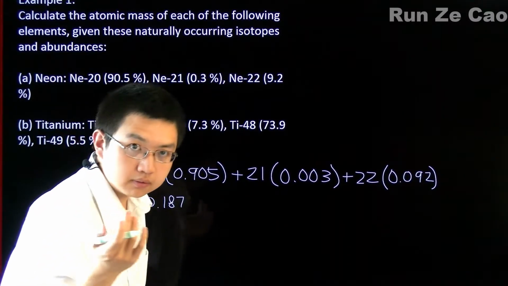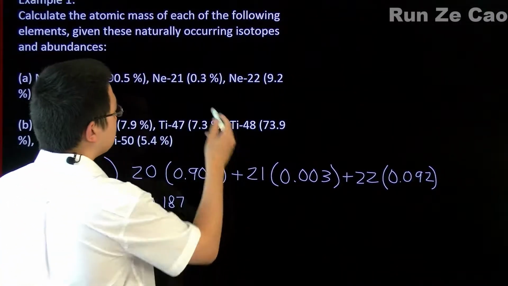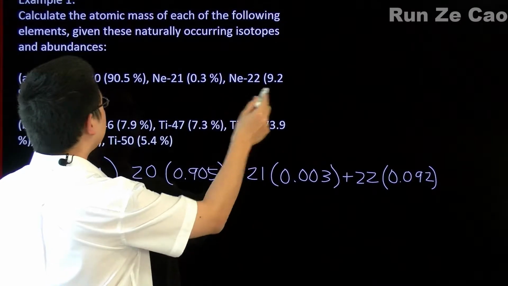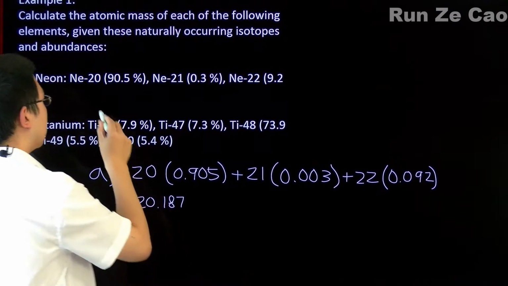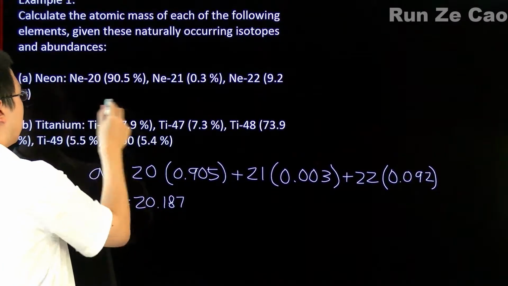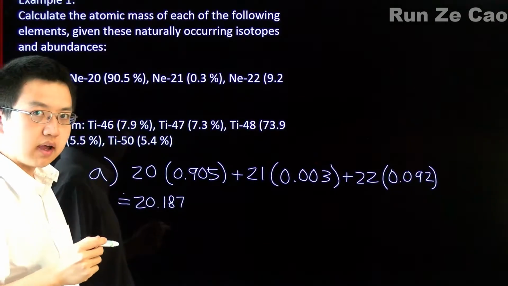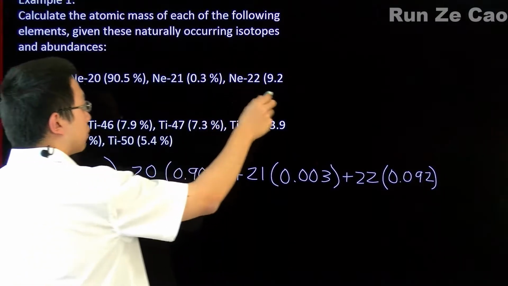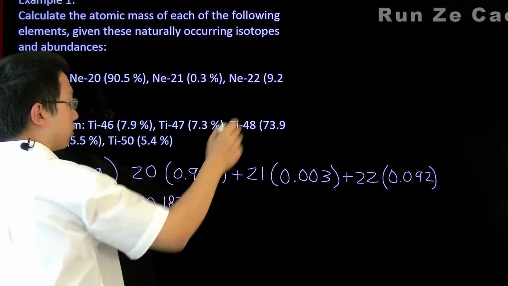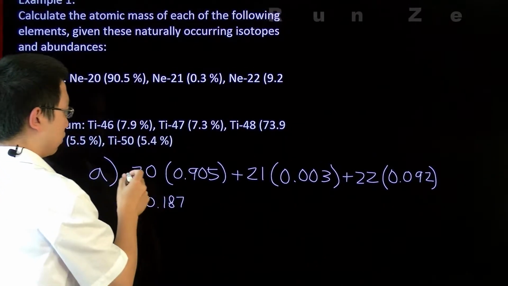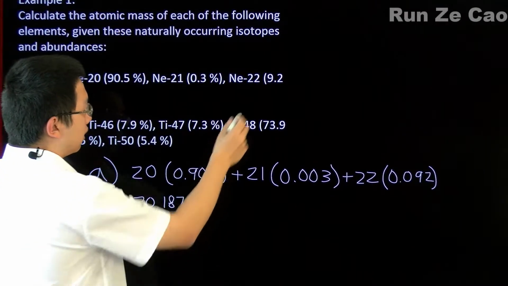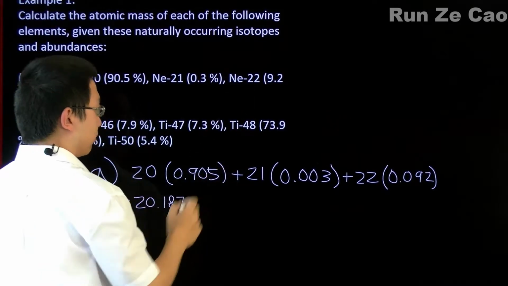Does this look reasonable? Well, 0.3% is really small compared to these two, so we only really have to think about these two. So let's say all of it is initially neon 20, and then we turn 9.2% into plus 2. So what is that? That's 20 plus 9.2 times 2.